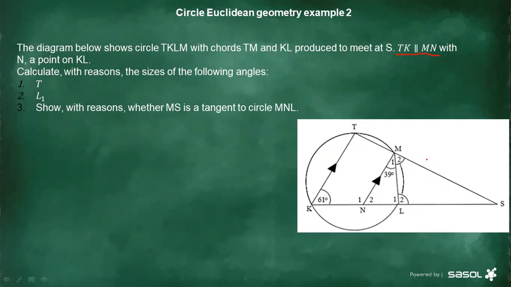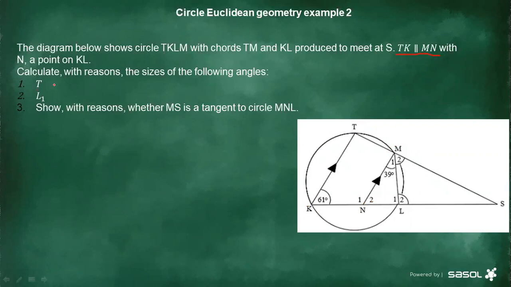Every time they give you parallel lines, surely one of those must be part of that question or scenario. The first one is alternate angles, or corresponding angles, or the last one, cointerior angles. Because there's no way that we can get two lines which are parallel and then we don't have any of those three points that I've just explained to you. So every time you must look whether we have those things or not.